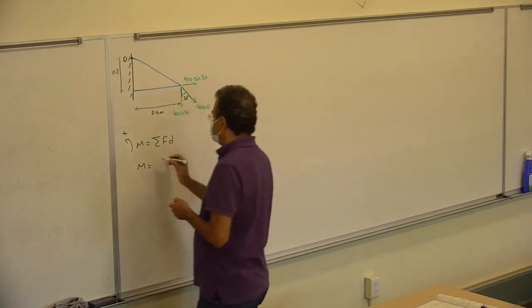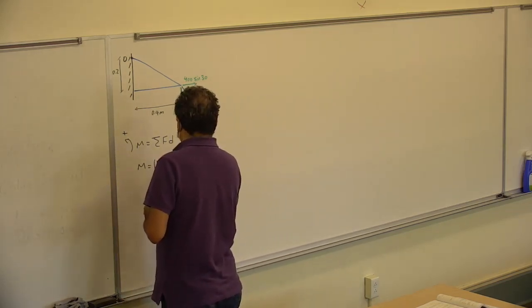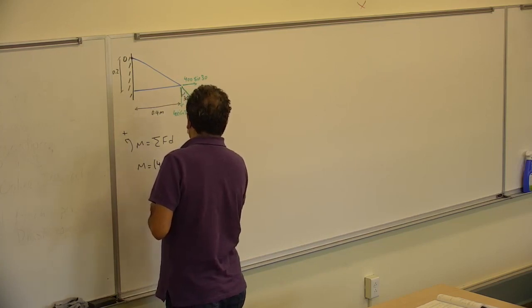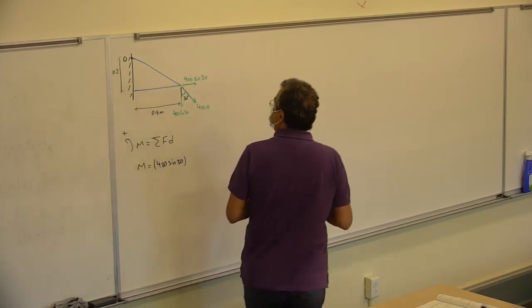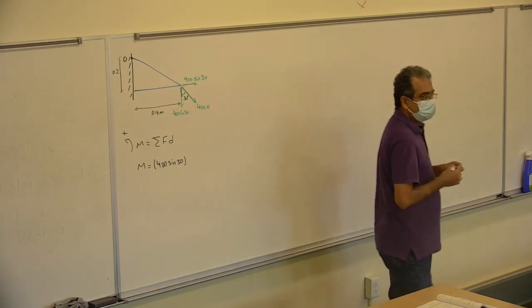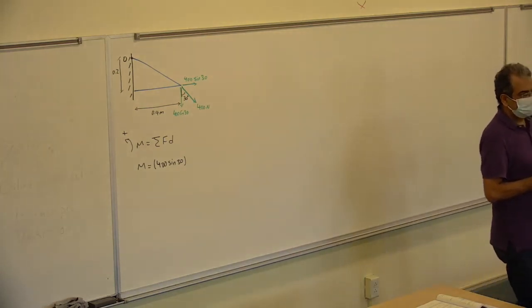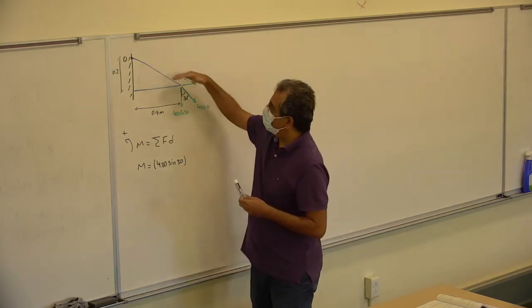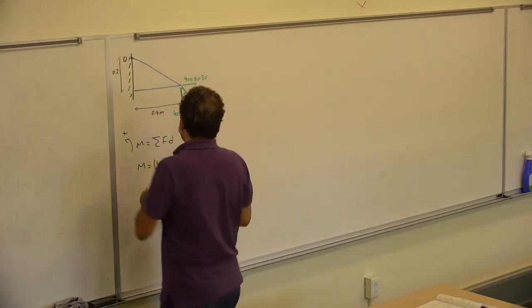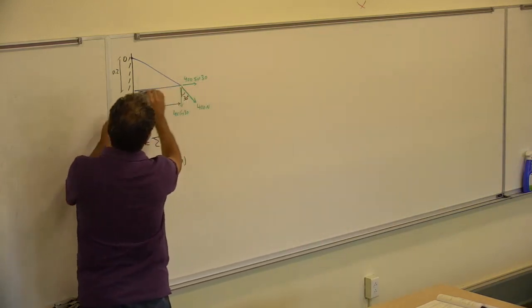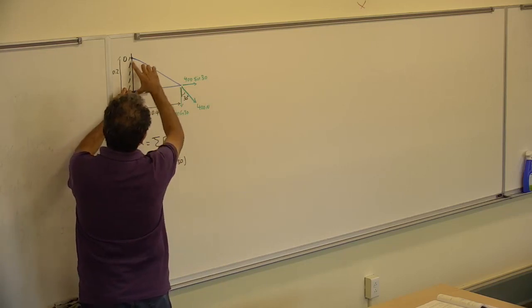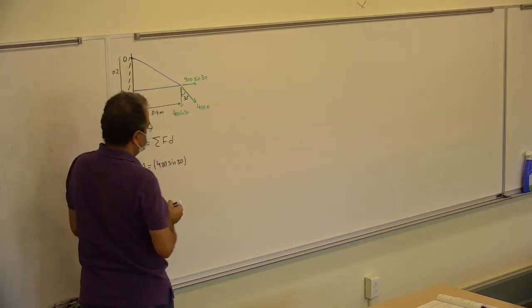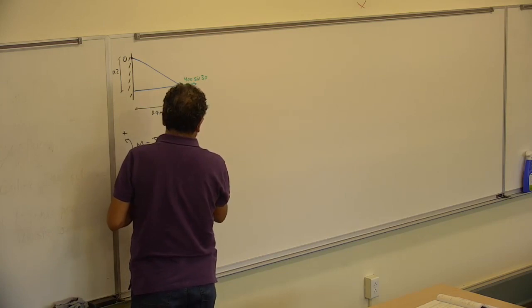So the force is 400 sine 30. How much is the d? The d is the normal distance, so I can slide it from here to here. So the distance is point.